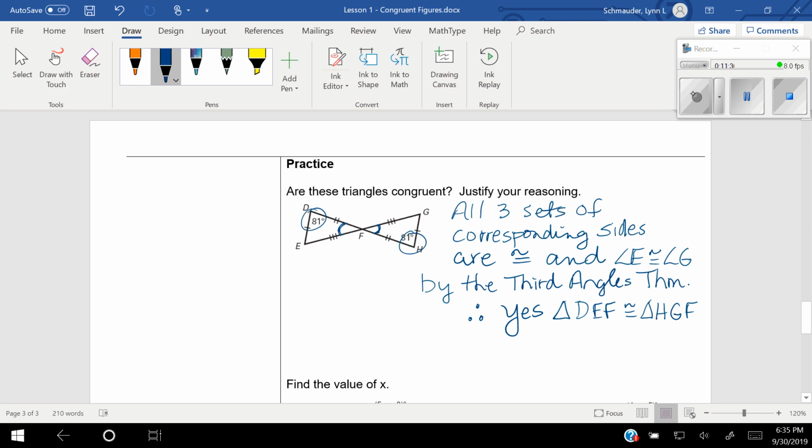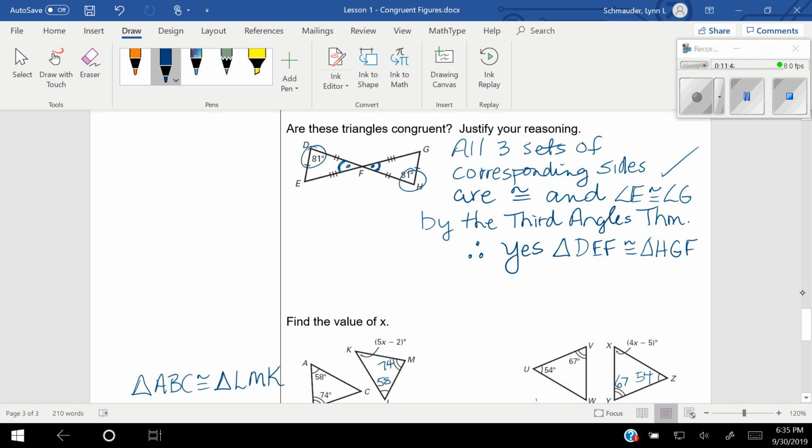And I know that these two are congruent by the vertical angles theorem, which means that by the third angles theorem, angle E has to be congruent to angle G, and therefore all corresponding parts are congruent. And write the congruent statement, even though it didn't say you had to, which is that triangle DEF is congruent to triangle HGF. Okay.